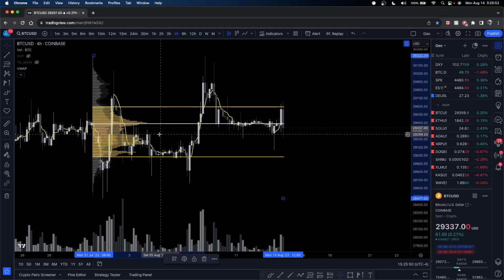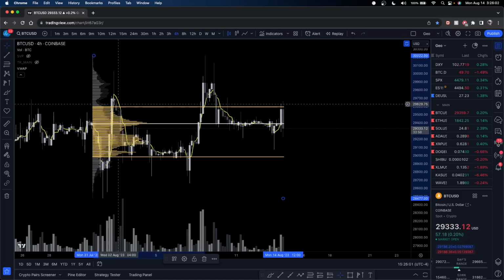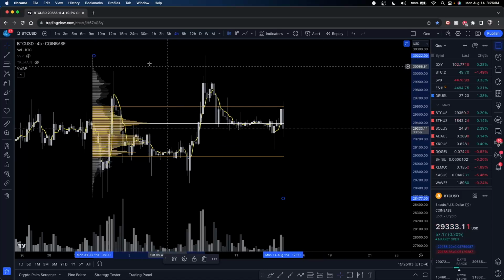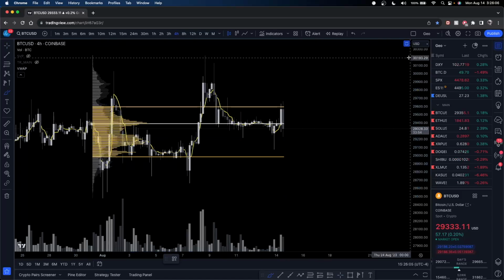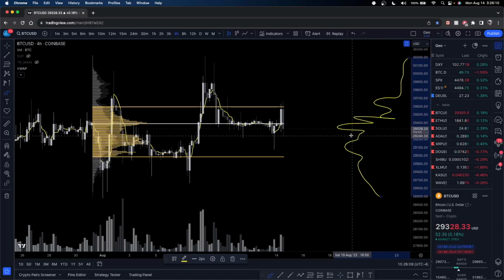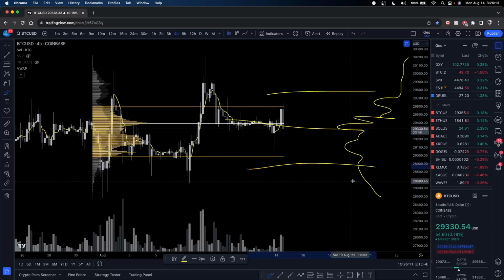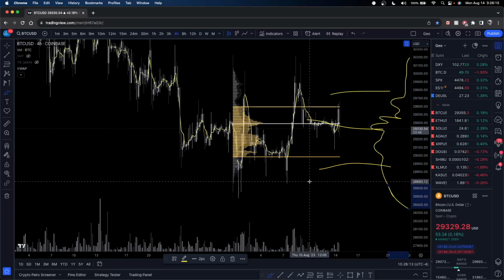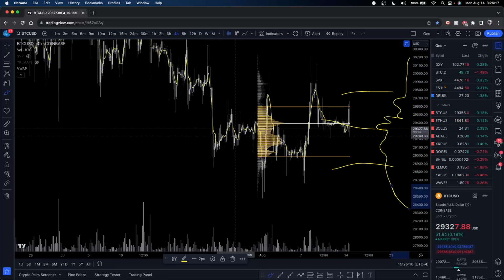You guys may have heard a term called VPVR, volume profile visible range. This looks the exact same and functions the exact same. You'll have your black wave here, your peaks, your point of control, your value area high, your value area low, and it will adjust based on whatever you can see on the screen.